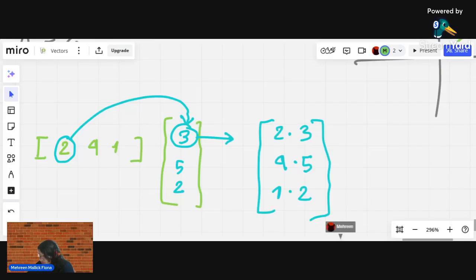But we should not write them like this because it is not the right order. So what would be the right order? Can anyone tell why it is wrong?